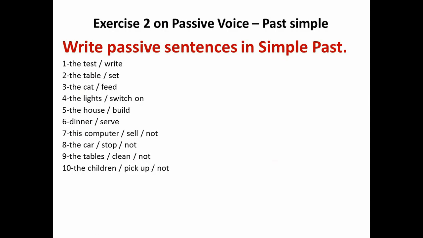Let's answer exercise number 2 on passive voice in the past simple tense. Write passive sentence in the past simple or the simple past. Okay, the first one, the test write. Excellent, the test was written.